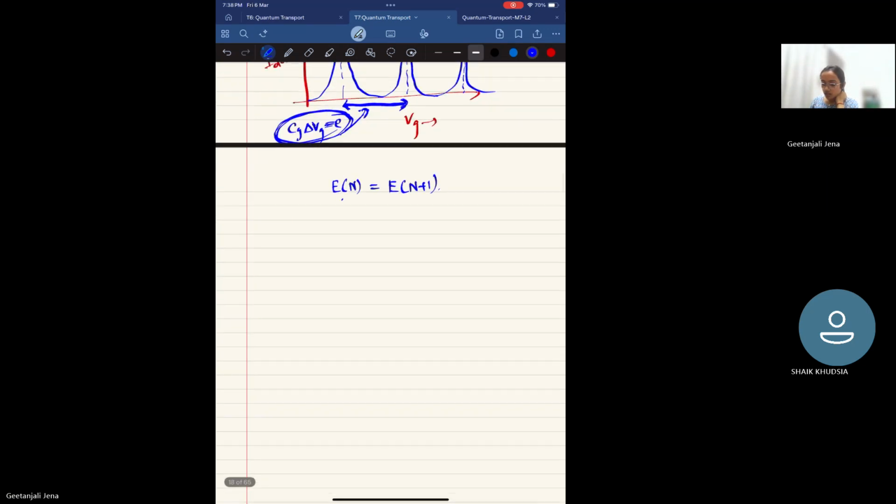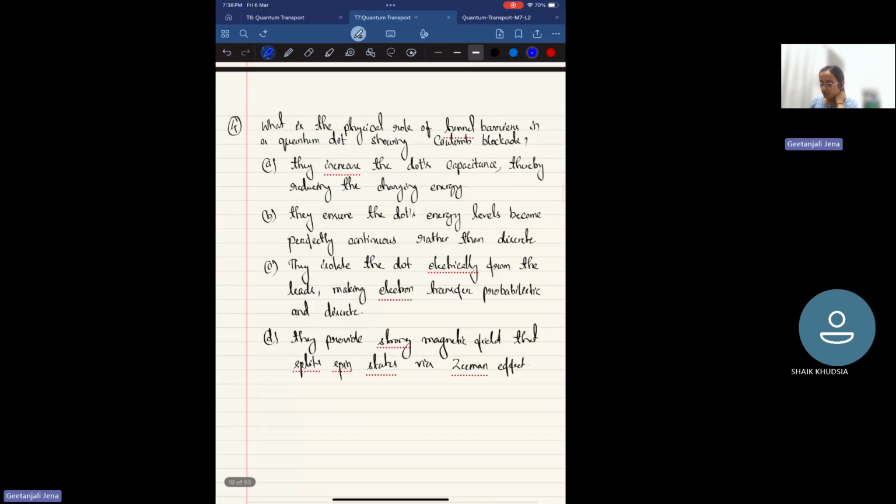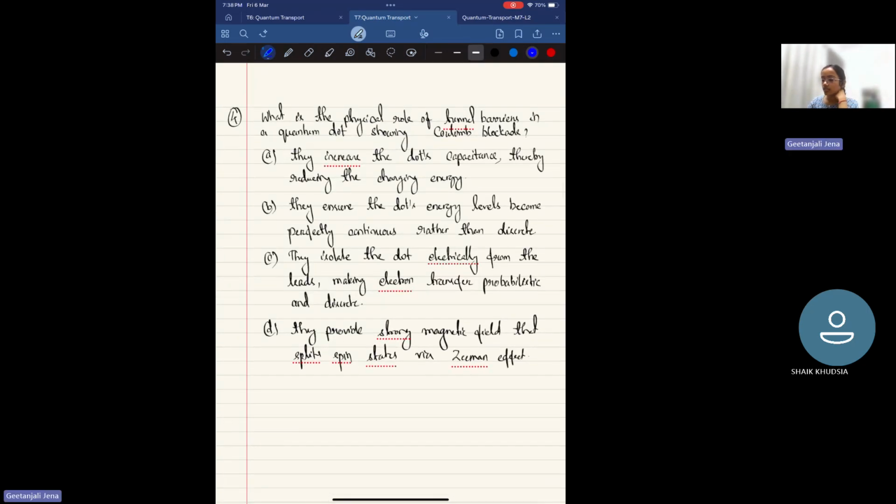Okay. Question number 4. This is also a conceptual one. What is the physical role of the tunnel barrier in a quantum dot showing Coulomb blockade? So why do we have a tunnel barrier between the source and the dot, and from the dot to the drain?